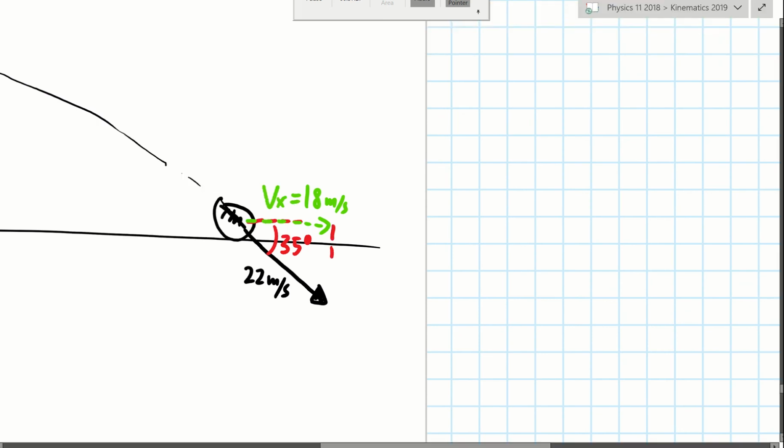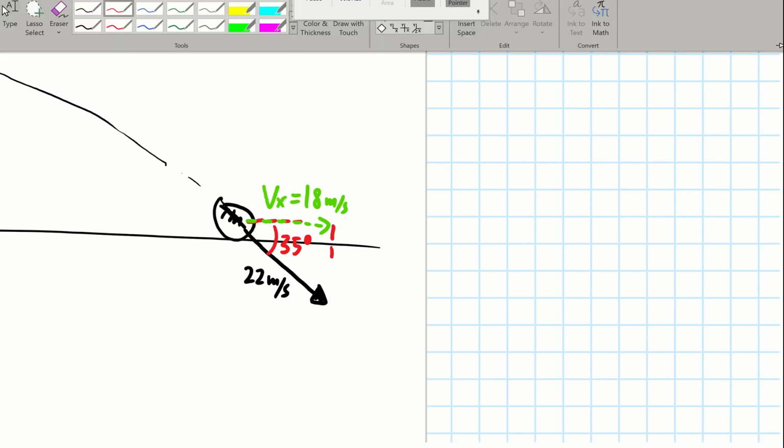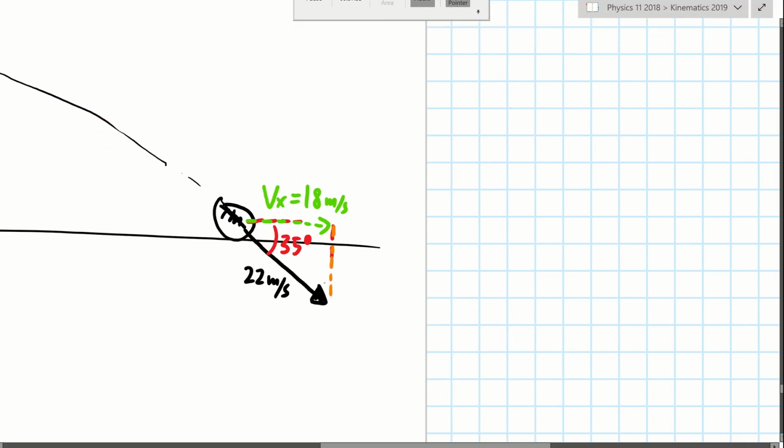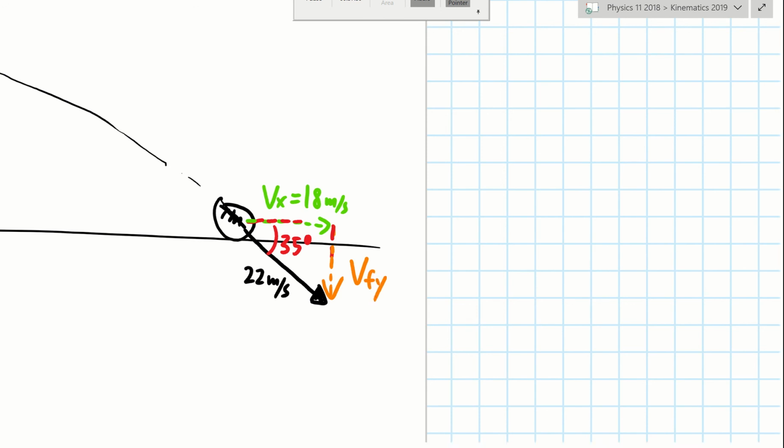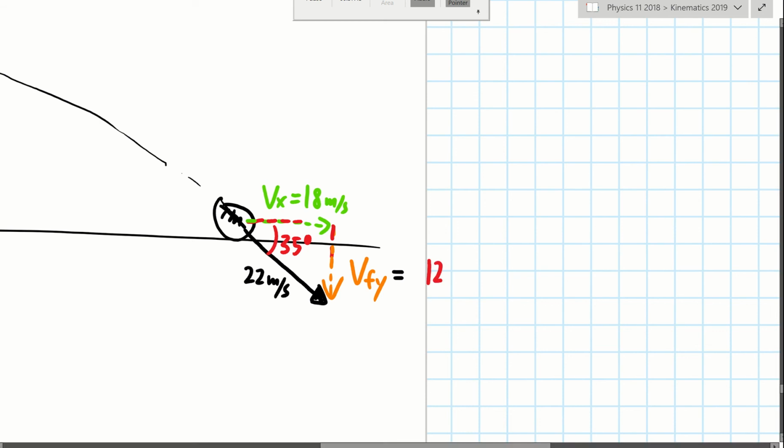At the end, your speed goes downward, so your Vy goes down. We can even call it V final y if you want. And that is going to be exactly the same as your V initial, except negative. So it's negative 12.6 meters per second. Other than that, it's exactly the same.